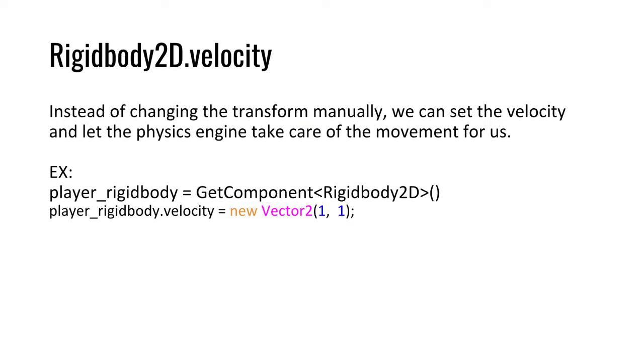So one of the most important things we have for rigid bodies is setting its velocity. The velocity is basically going to be calculated every frame, and it's going to be used for knowing where the object goes. So you can actually set this velocity, and then it's going to be changing after that.